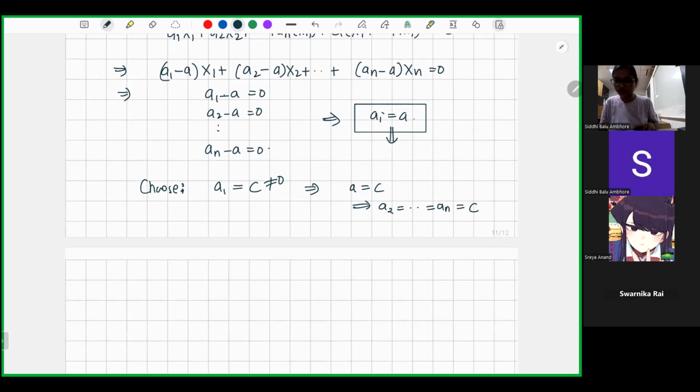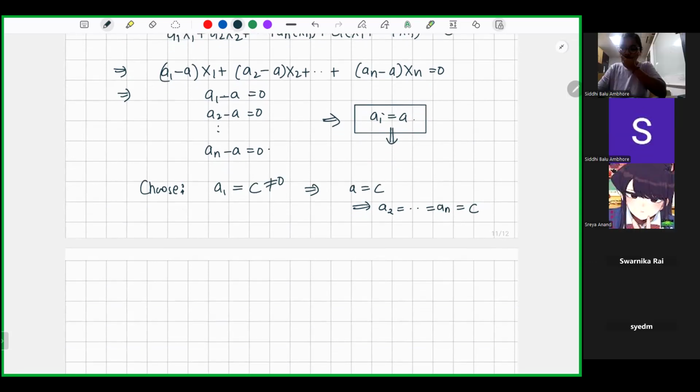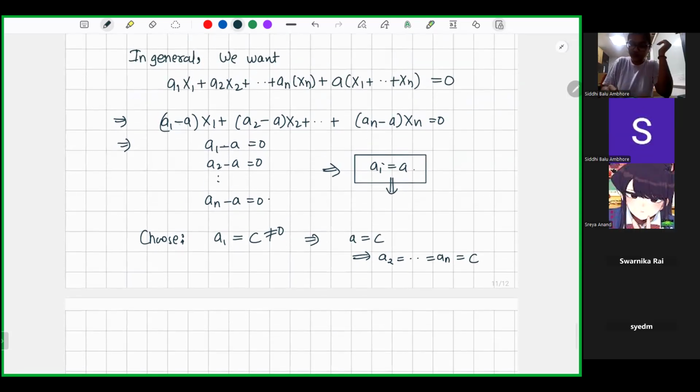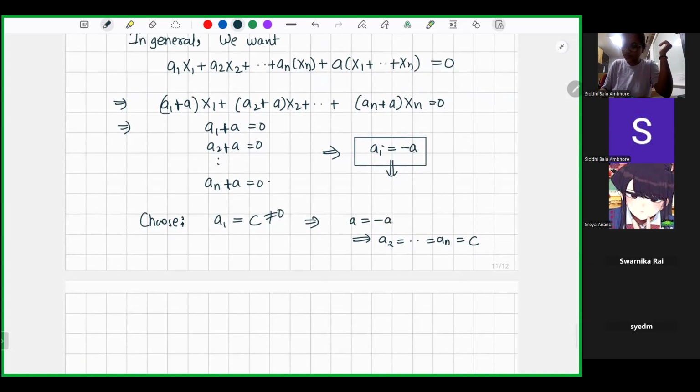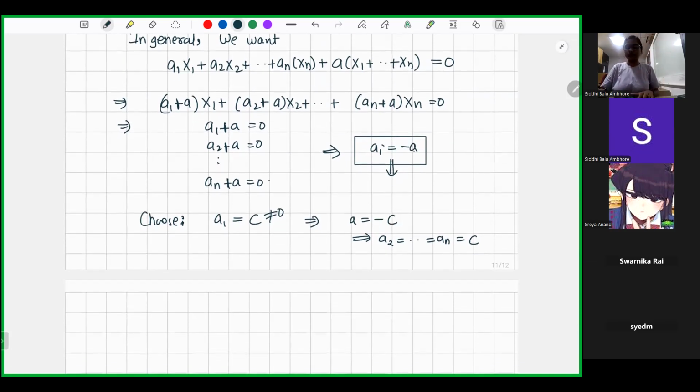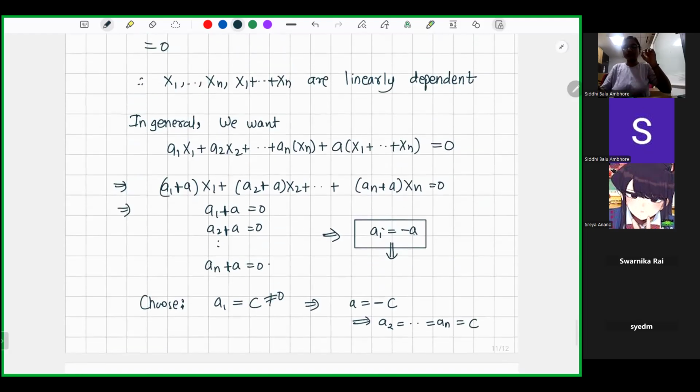Oh, sorry, this needs to be plus here, and this plus will give me minus a. So this is minus C, and the rest are all C again. This is a general expression.